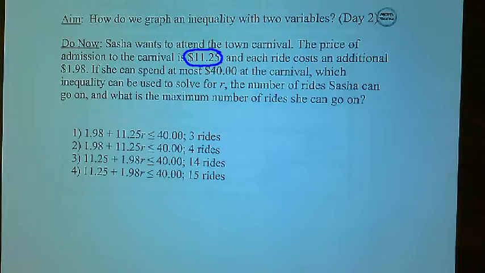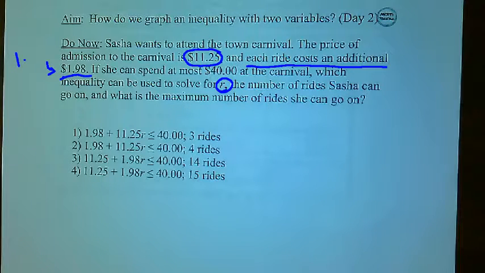So we're probably going to be adding something to that. Then I see each ride costs an additional $1.98. Right when I see that, I know they told me that R is the variable, which stands for ride.